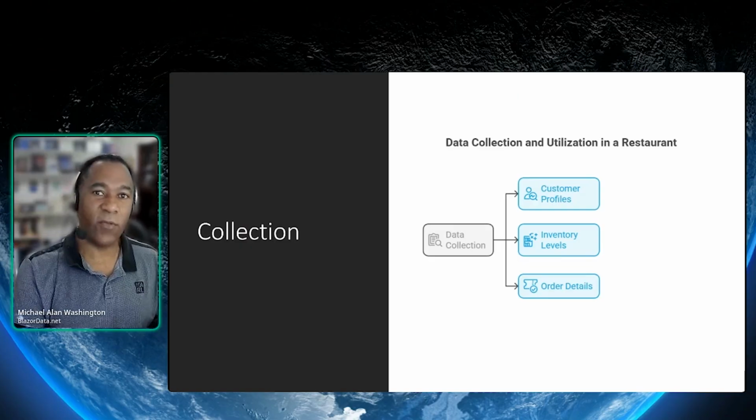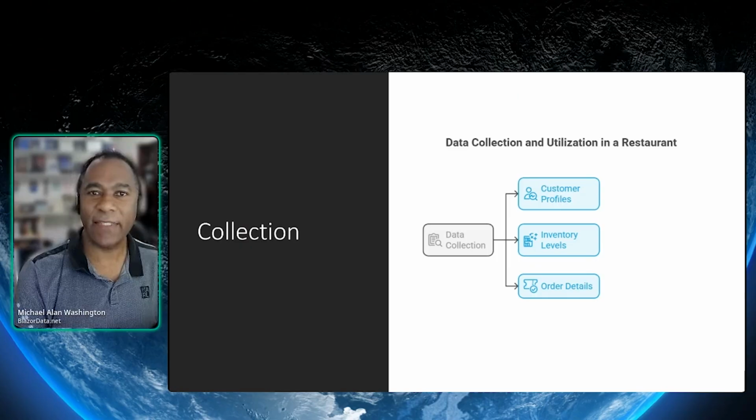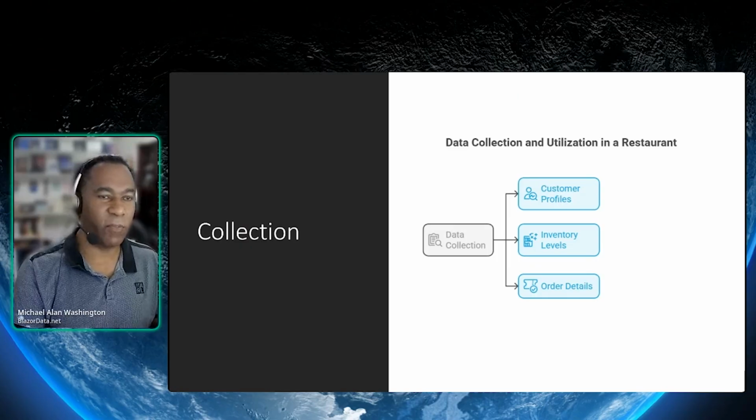And the reason why they do that is because now the people are on their mailing list and they can mail them, hey, we have specials or something like that. The restaurant also has inventory levels. The suppliers give them food and that sort of thing. So they write this down, or they have sheets of paper, or maybe they do put it in the computer. So there's a collection of data, and that's what I would call the raw collection of data.